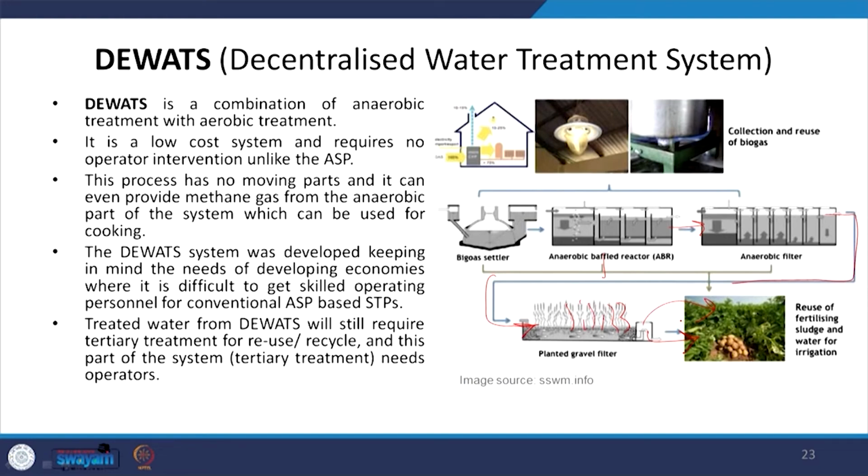Also, it is possible, depending upon the type of wastewater, to break down the process and bypass one or the other of the sequence which is present. Unlike all the other previous systems which we have seen, MBRs and MBBRs, where the entire process has to be followed through.